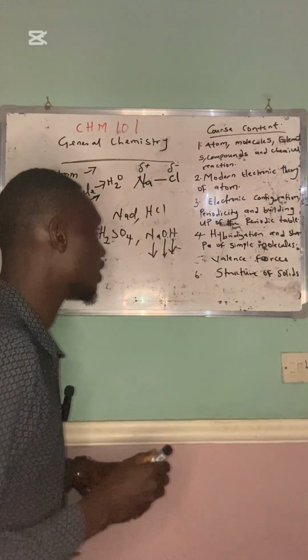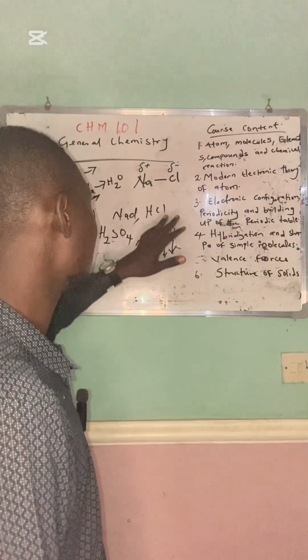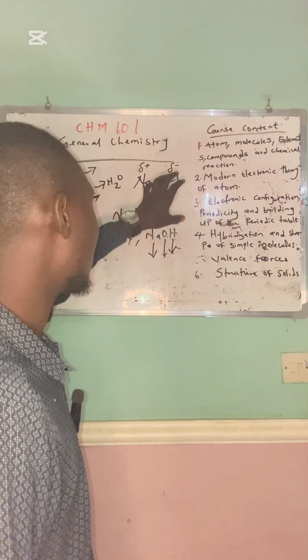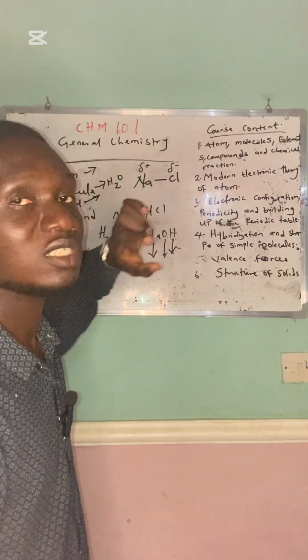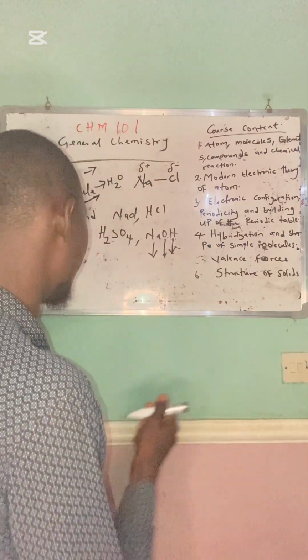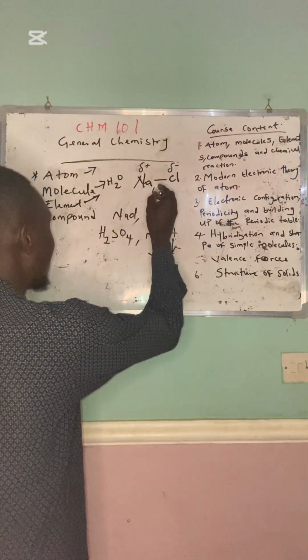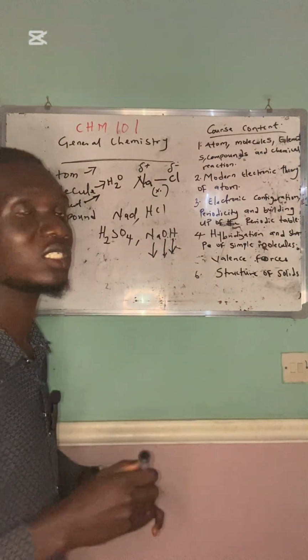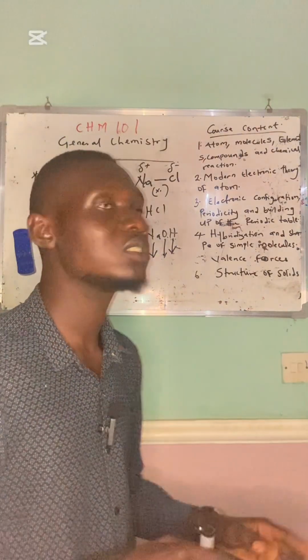Just allow me to explain this by saying each bond here is made up of two electrons that came together to form a single bond.